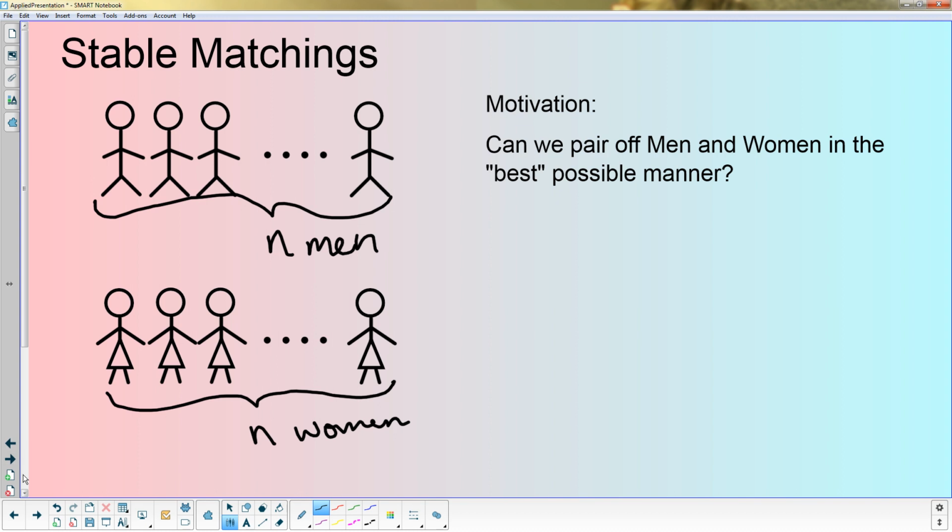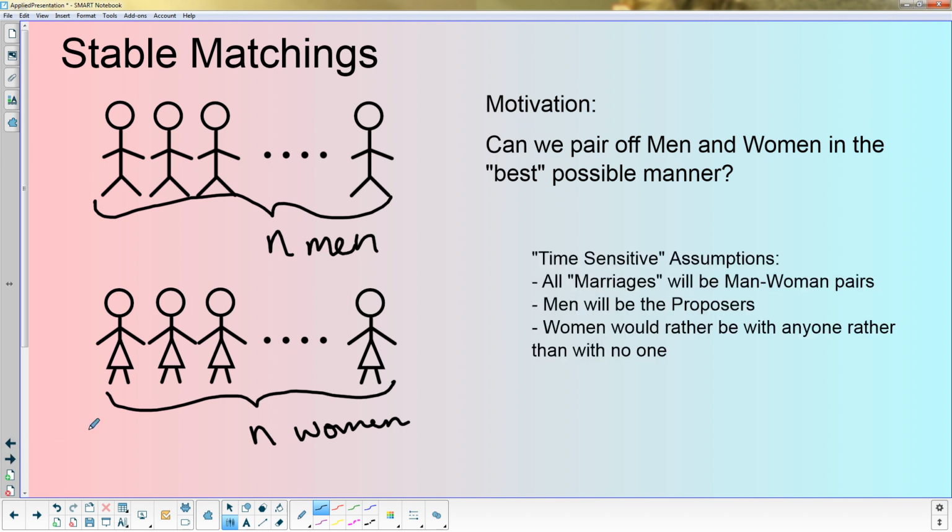But I do have a few what I would consider to be time-sensitive assumptions. This algorithm was written in the 1960s, and so some of these assumptions are very time-sensitive.